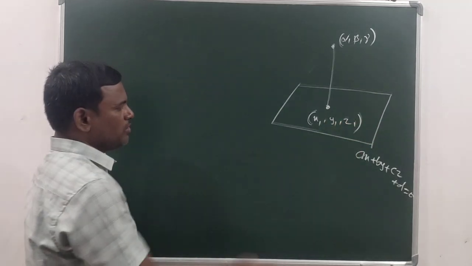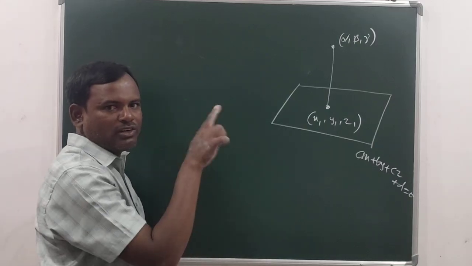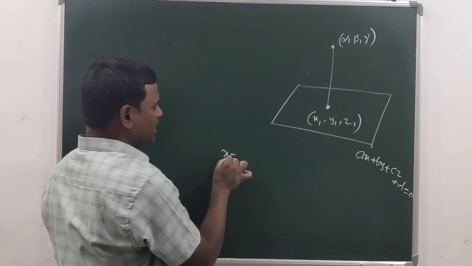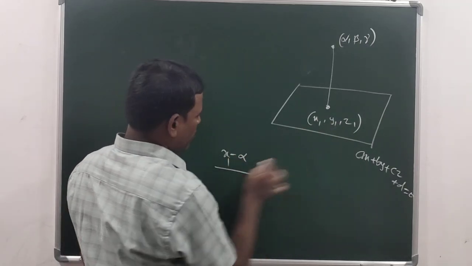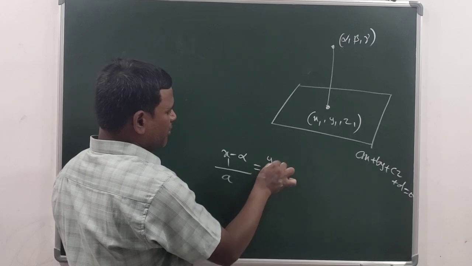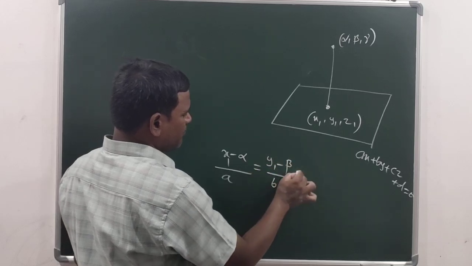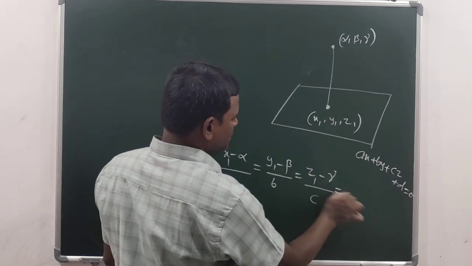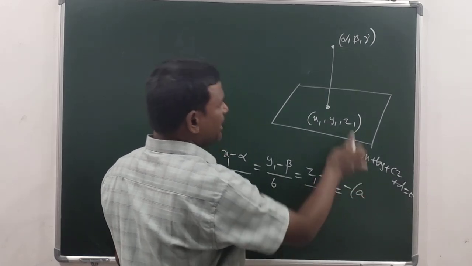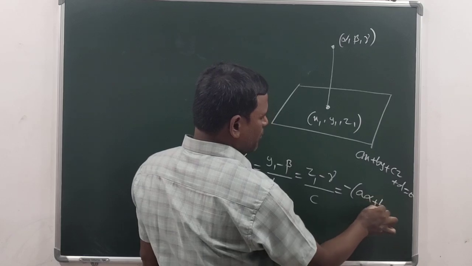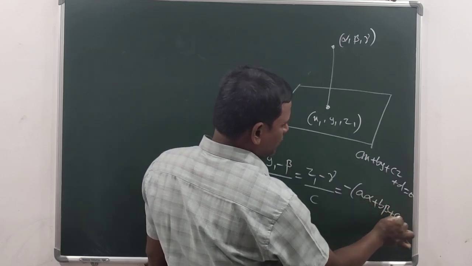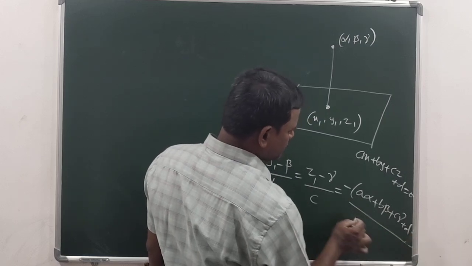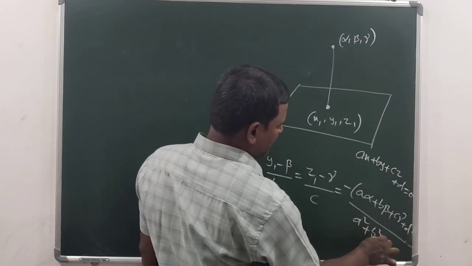Now you know the foot of the perpendicular formula which you learnt in straight lines. x1 minus alpha by a, y1 minus beta by b, z1 minus gamma by c, which is equal to minus of a alpha plus b beta plus c gamma plus d, whole by a square plus b square plus c square.